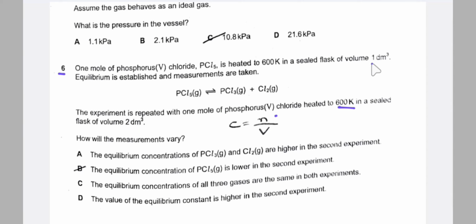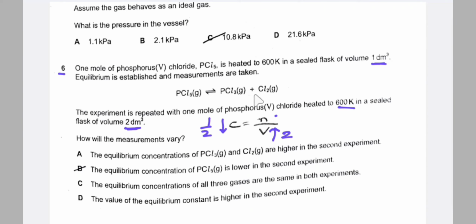So initially the volume is 1 dm cube, now the volume is 2 dm cube, that means the volume is doubled. As the volume increases, concentration decreases, and since the volume is doubled, concentration is half. Since concentration is inversely proportional to volume, if the volume is doubled, then concentration is half.